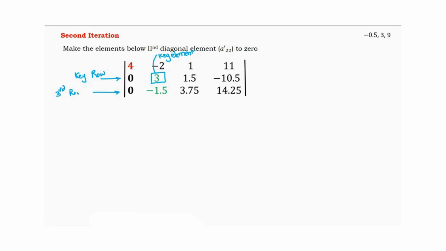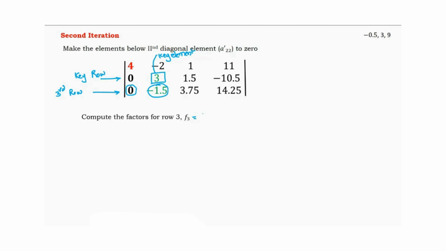We want to retain this 0 as it is, and make this a 0, and so on. So we have to calculate, and for that we follow the same procedure: compute the factor for row 3.